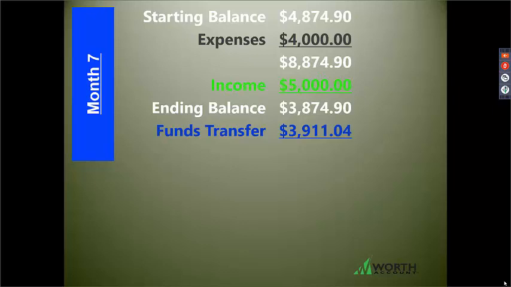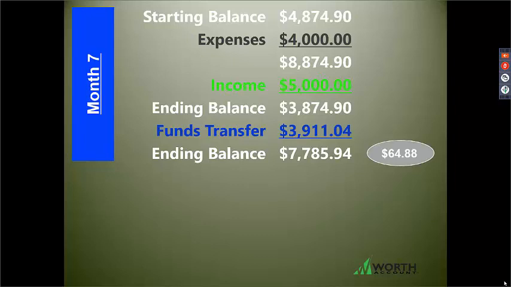So we have $4,000 in expenses, and we had $5,000 in income. So the program says transfer $3,911.04. Well, it brings our ending balance to $77.85. We're going to pay $64.88 in interest. Brings our ending balance to $78.50.